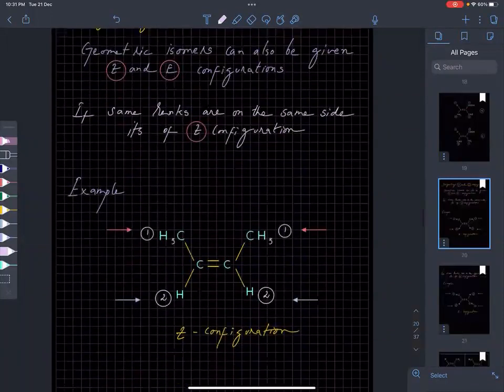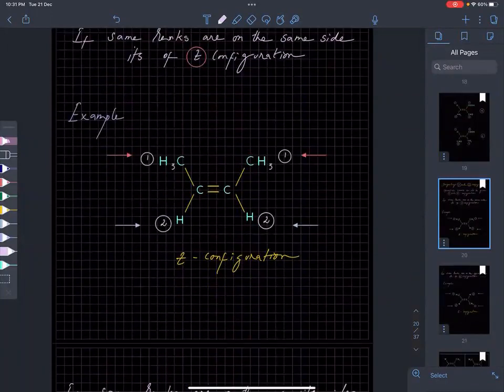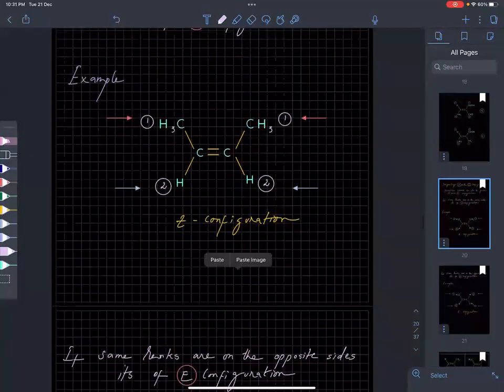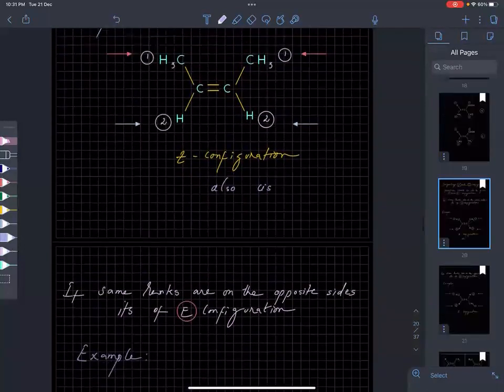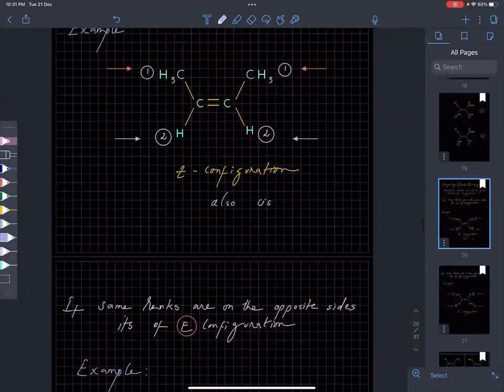What about this? It is Z and it can also have cis and trans, right? It is also cis. Anyhow, it has 2 same carbons, no?